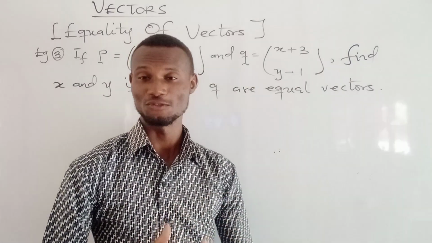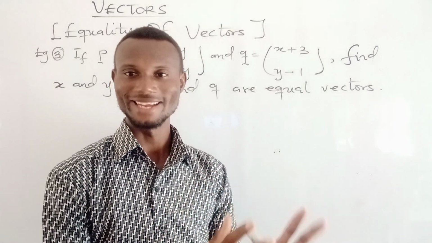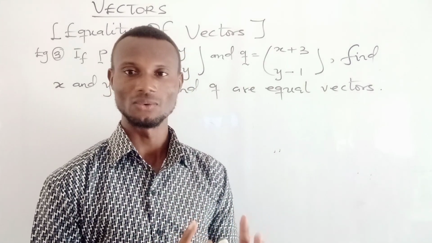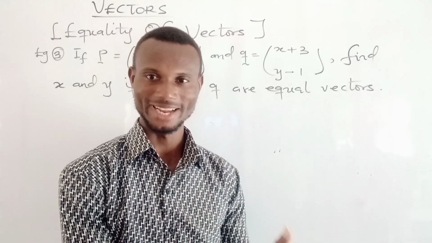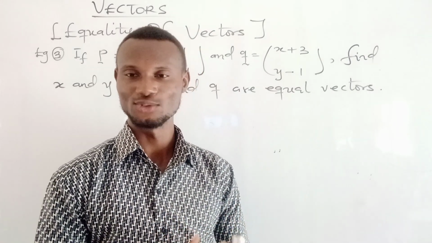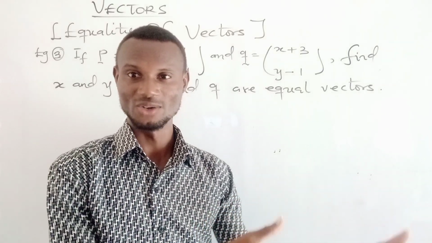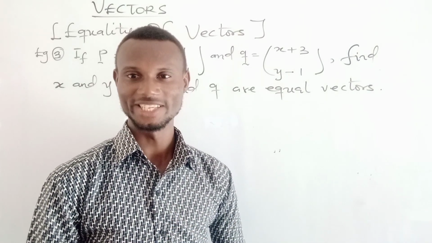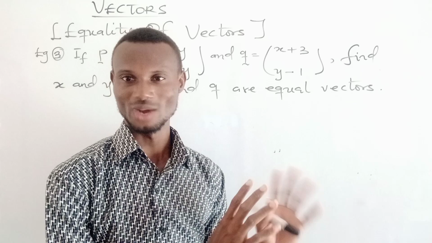We are being asked to find s and y if p and q are equal vectors, that is equality of vectors, which I've explained in detail in the previous video. So we are going to apply that knowledge to handle this one as well.